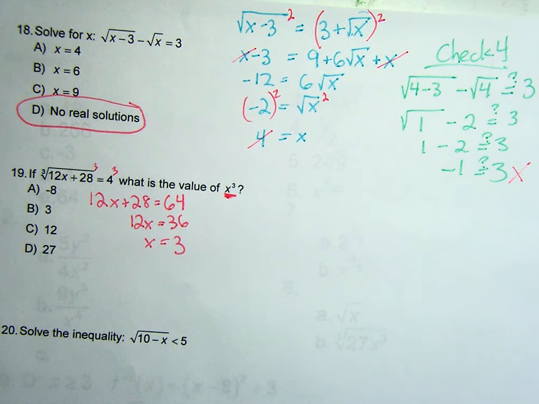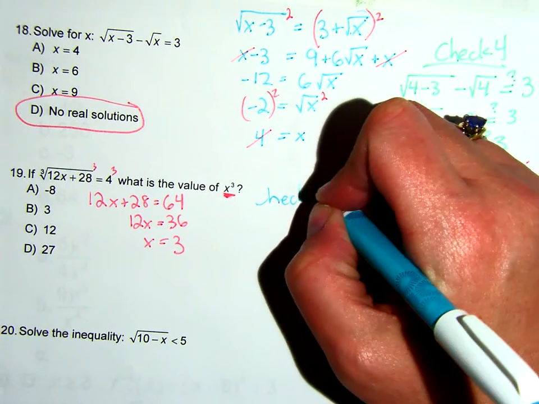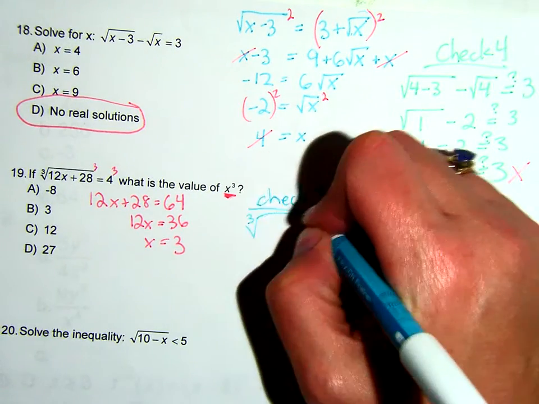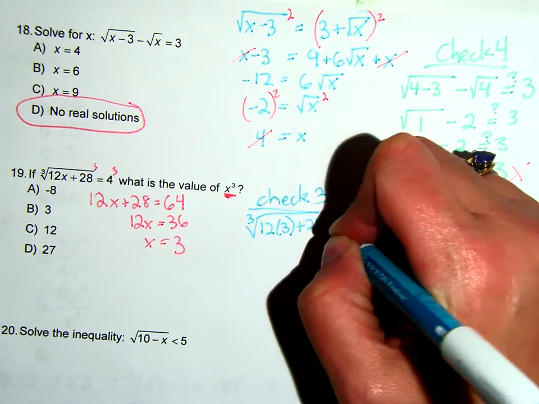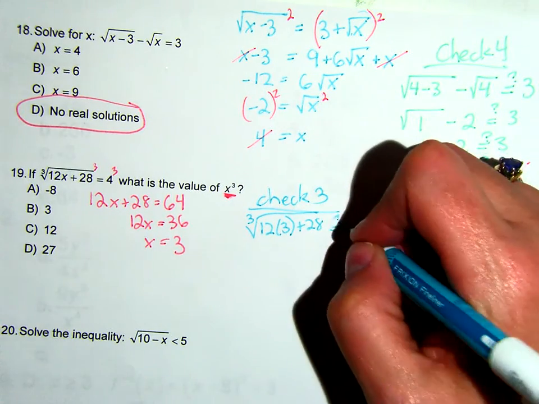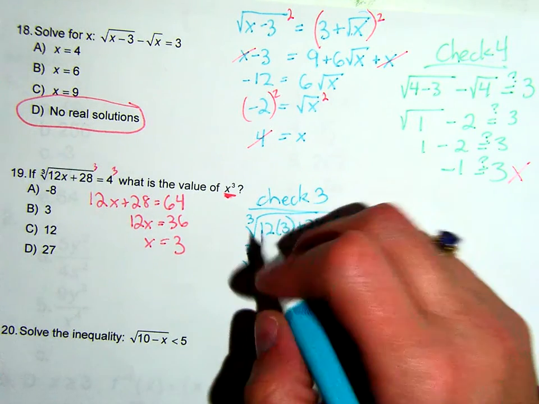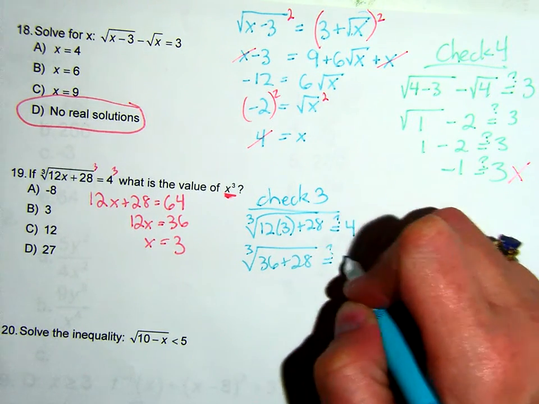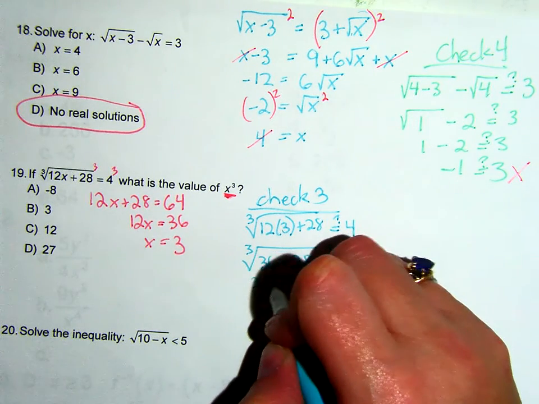Being diligent in what we are doing, we do need to check that answer. So we're going to check 3. So the cube root of 12 times 3 plus 28, does it equal 4? So the cube root, 12 times 3 is 36. 36 and 28 is 64.